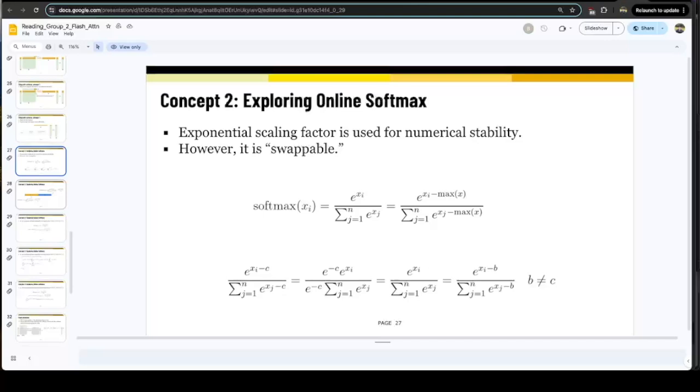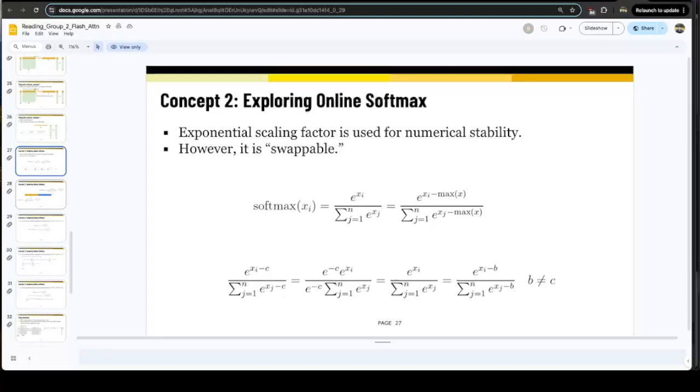But then you look at it again and you're like, oh, these are actually the nicest functions that we have. We got that lovely e to the x, and we got just a nice splittable sum on the bottom. So maybe we can play around with this and figure out a way to do this that doesn't require us having to do all these things at once, and maybe we can combine them.